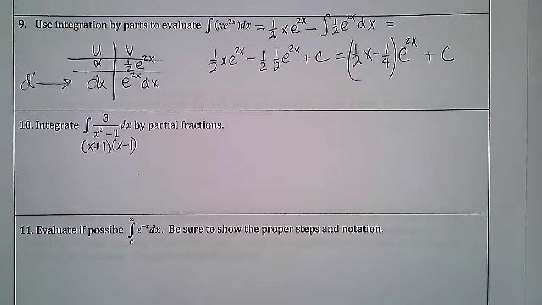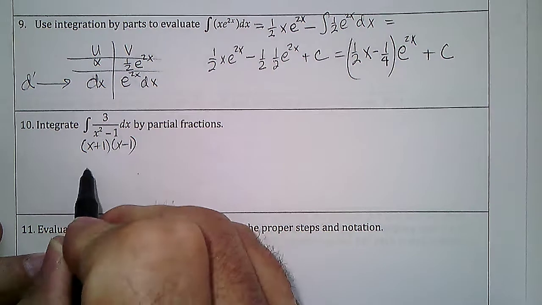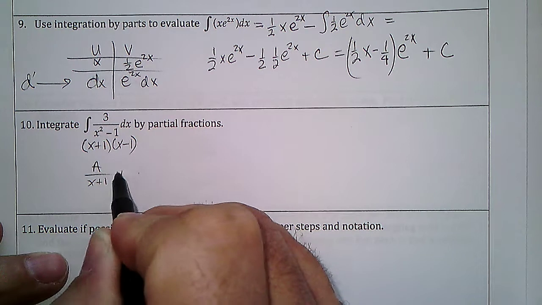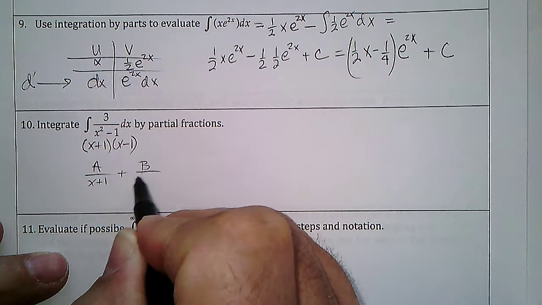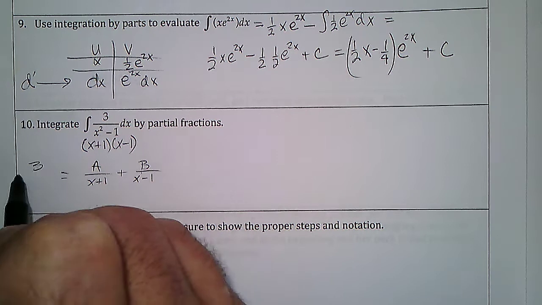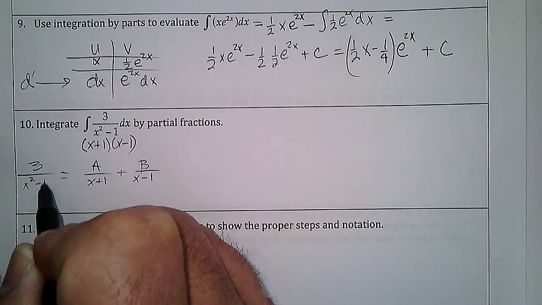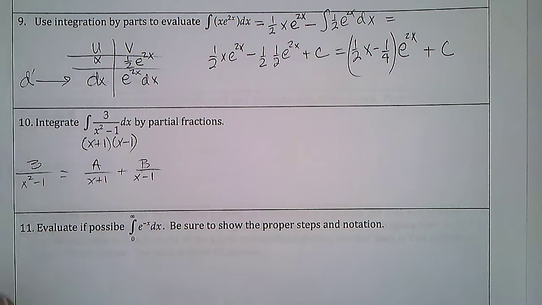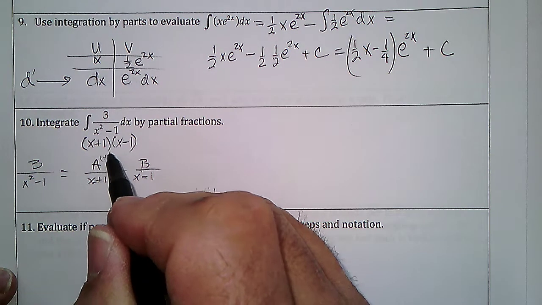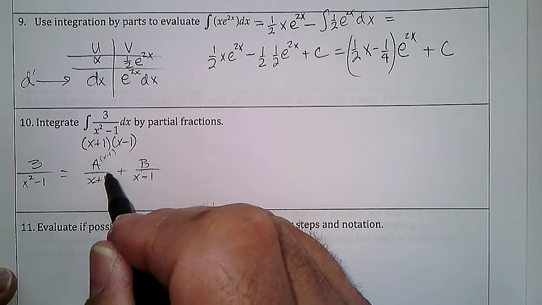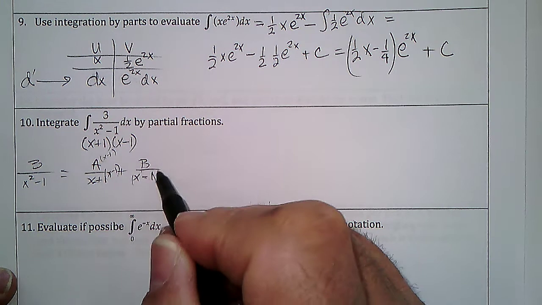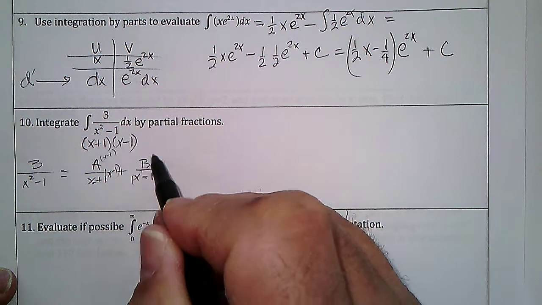No repeating, they're all single factors, so this would be a over x plus 1 plus b over x minus 1 equals 3 over x squared minus 1. So to get a common denominator, I'd have to multiply this one by x minus 1 on the numerator and denominator, and this one by x plus 1.